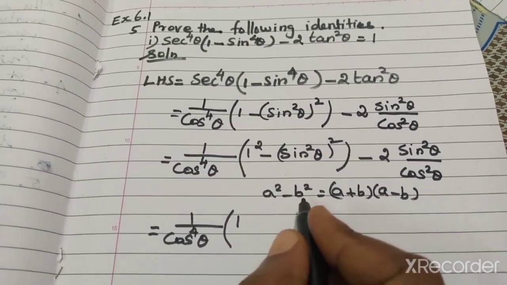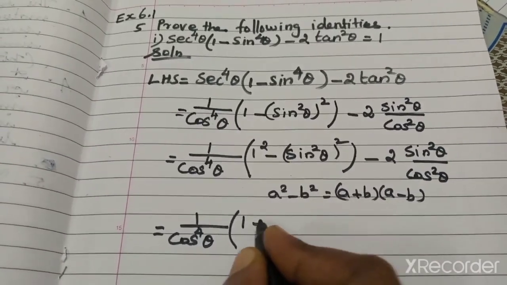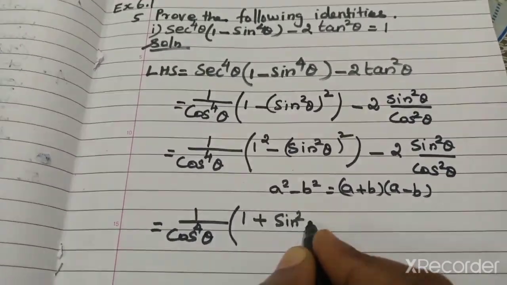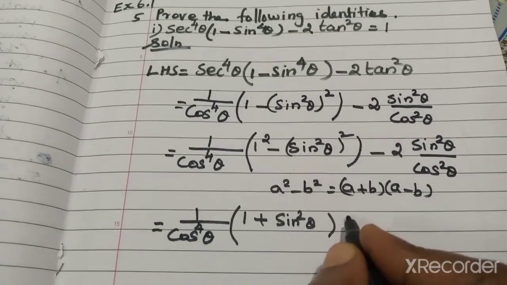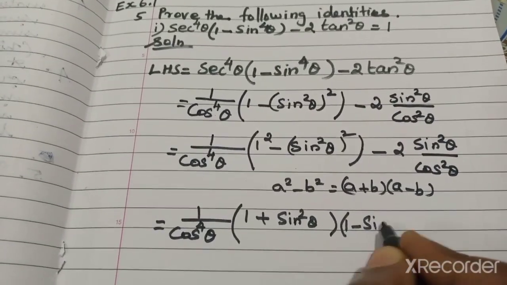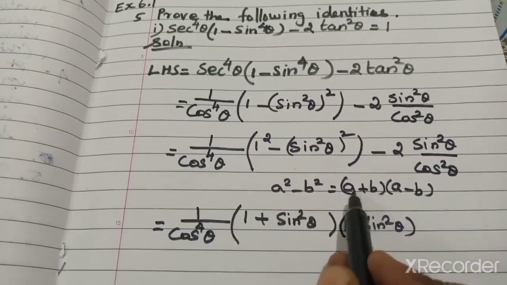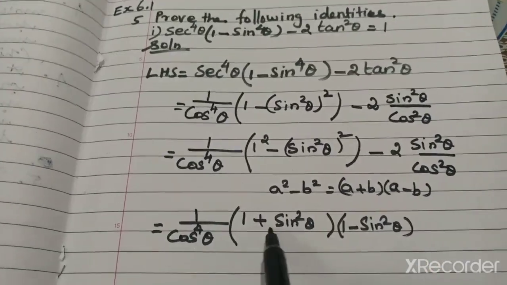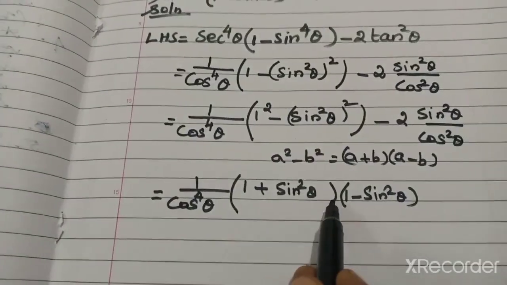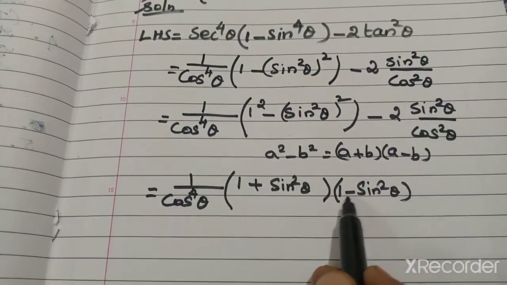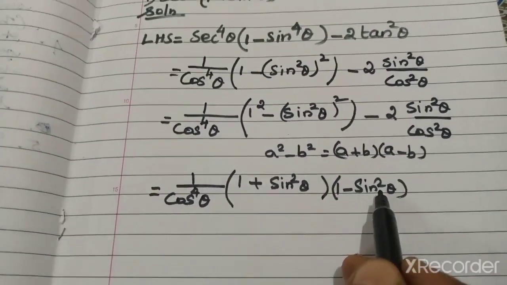A square minus b square is a plus b, that is 1 plus sine square theta into 1 minus sine square theta. Did you understand students this one? A plus b, that is 1 plus b is sine square theta, into a minus b, that is 1 minus b is sine square theta.